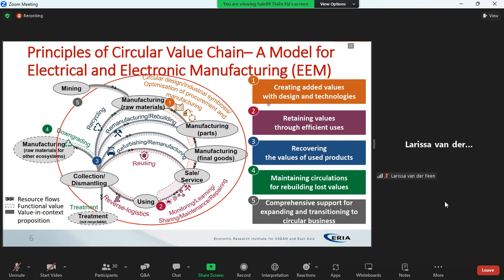The fourth one is manufacturing raw materials for other ecosystems, so we need to think about maintaining circulation for rebuilding lost value. And the fifth one, finally, is the comprehensive support for expanding and transitioning to circular businesses. This means that number 5 is the red circle covering all parts of the circular value chain creation.